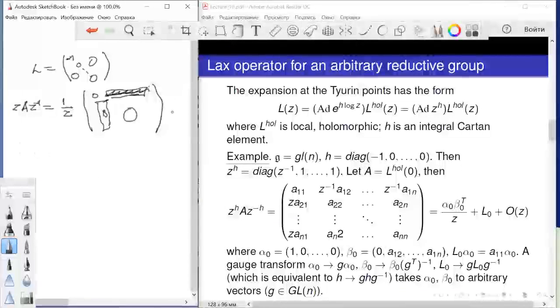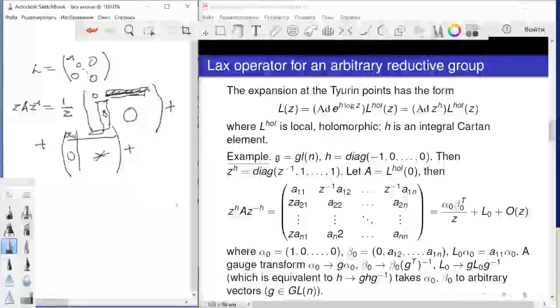Well, plus the matrix of the form A11, 0, 0, and something here, plus I even will not write down all other terms because they are just O of Z. We have first order in Z.